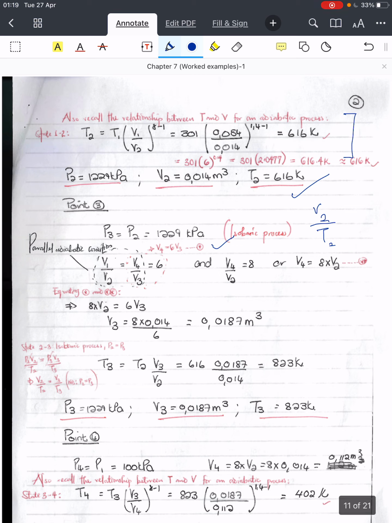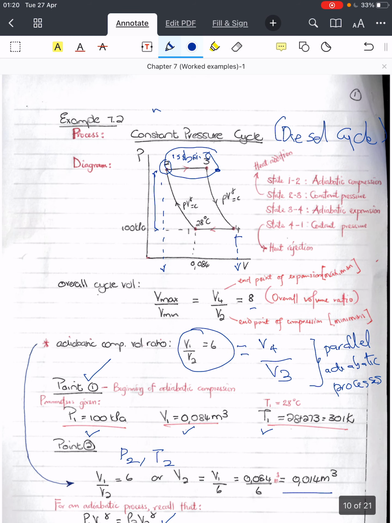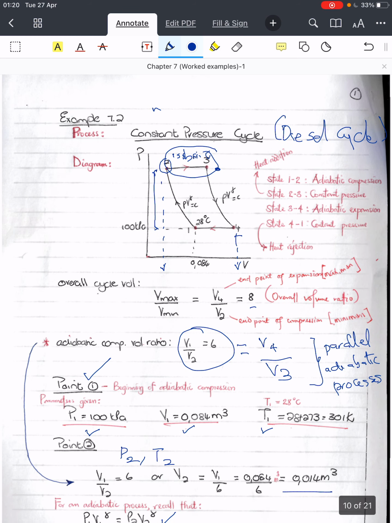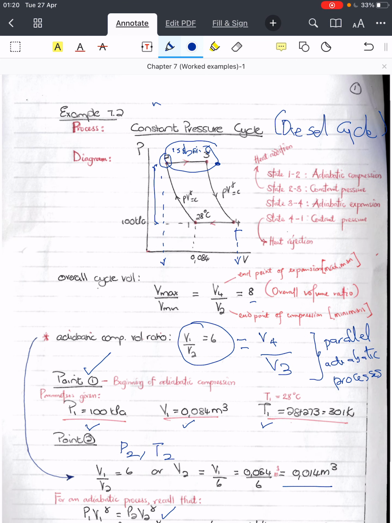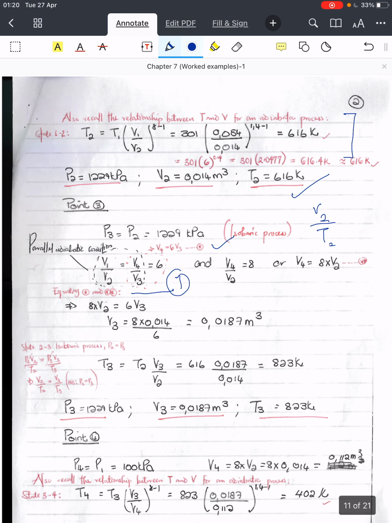So if V1 over V2, V4 over V3 equal to 6, we can call this equation 1, and then we also remember at the beginning we also have V4 over V2 equal to 8, so you can call that equation 2. If you solve for both of them, if you equate them, we'll be able to get our V3. So that's how we got our V3.